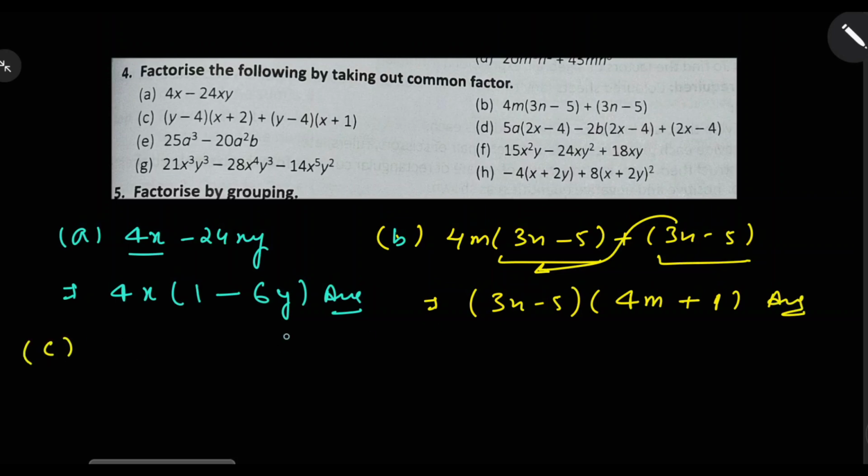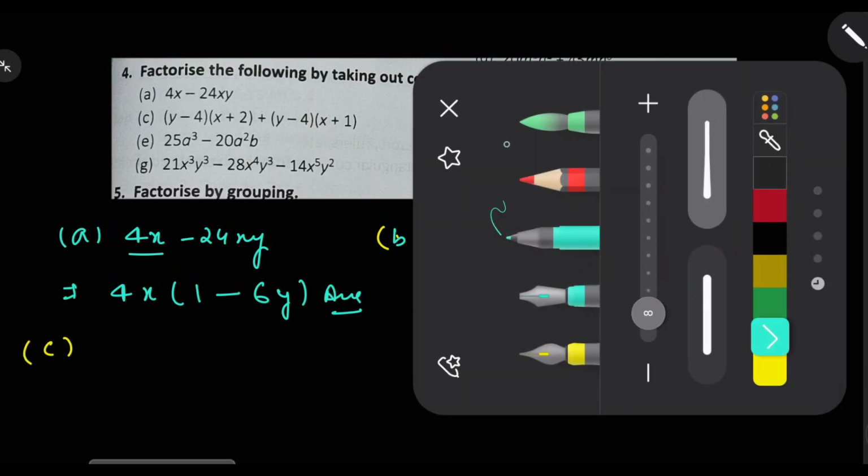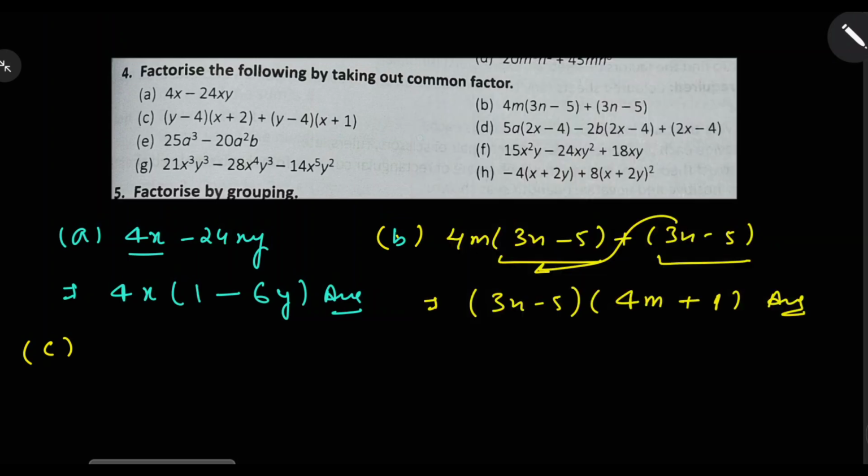So next question, question number C. Question number C is (y minus 4)(x plus 2) plus (y minus 4)(x plus 1). As you can see here, y minus 4 is common.